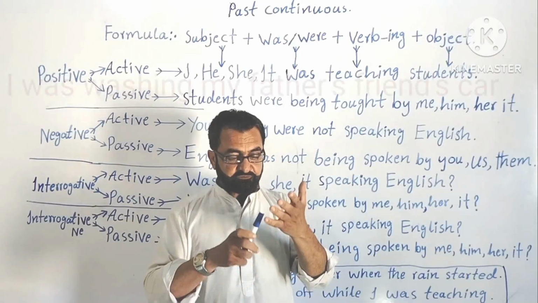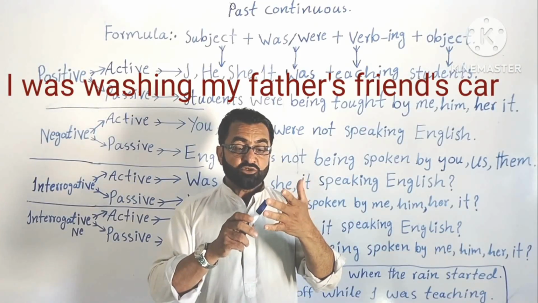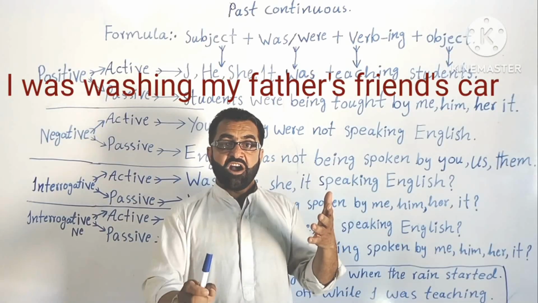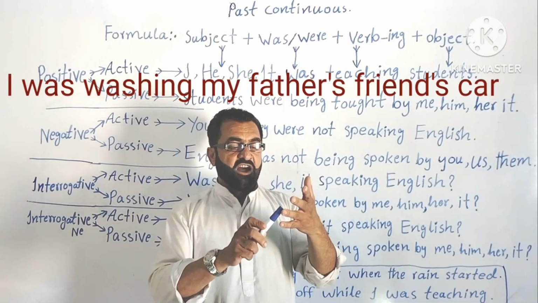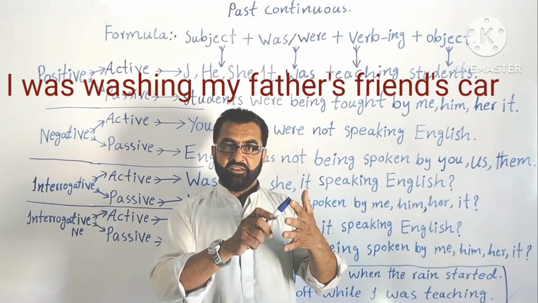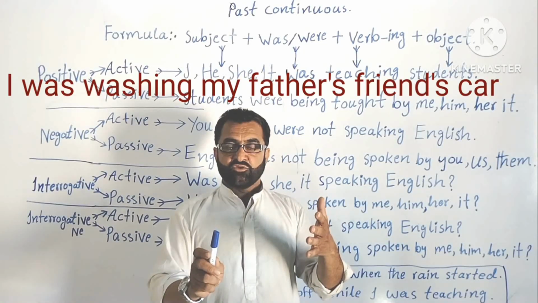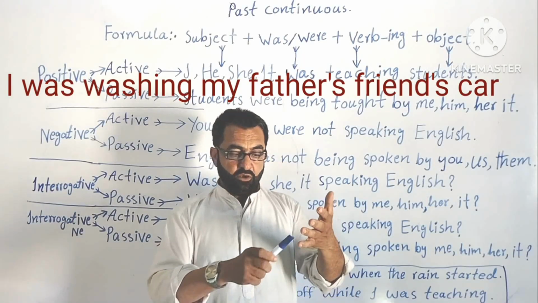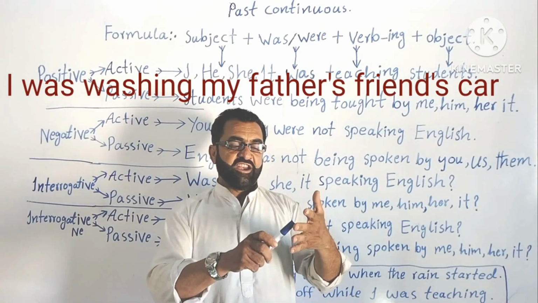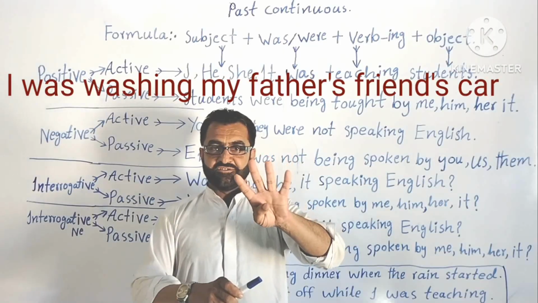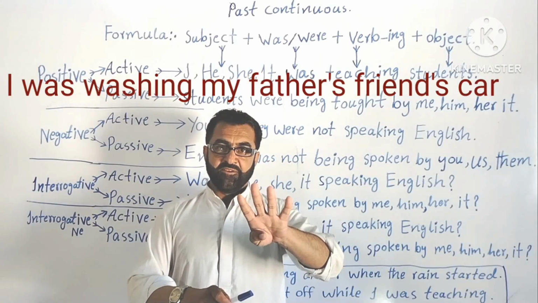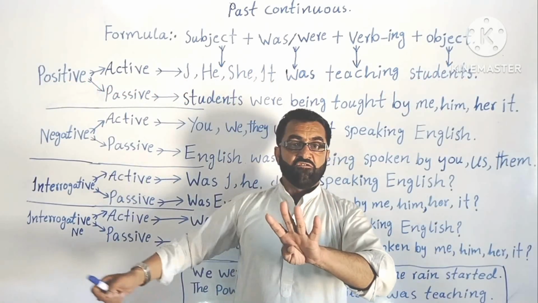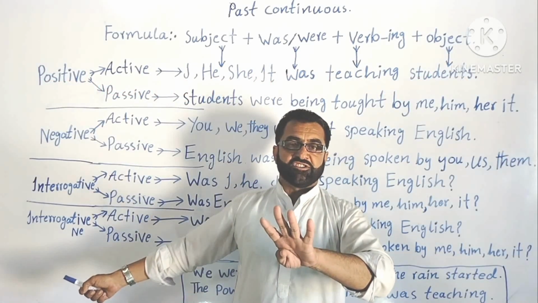So here you see, I was washing my father's friend's car. I was washing, now here your main verb ended. Now you see the objects: my father's friend's car. Four words. Understood?